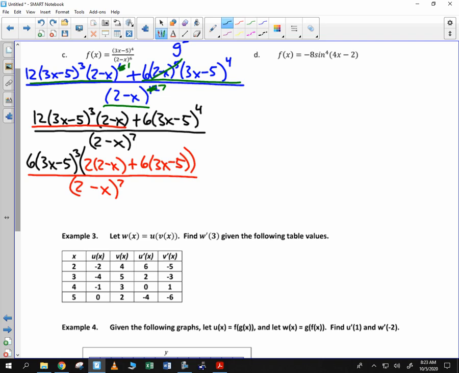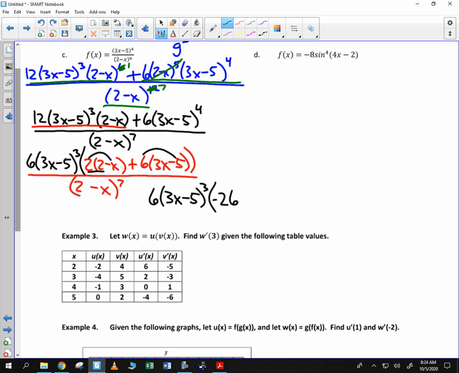Finally, combine like terms. We will have 6 times that 3x minus 5 raised to the 3rd power times, look at what we have here. 2 times 2 is 4, and 6 times negative 5 is negative 30. So that would result in a negative 26.